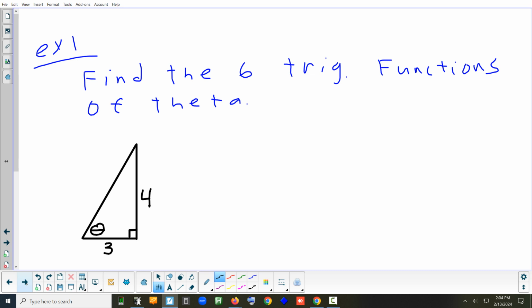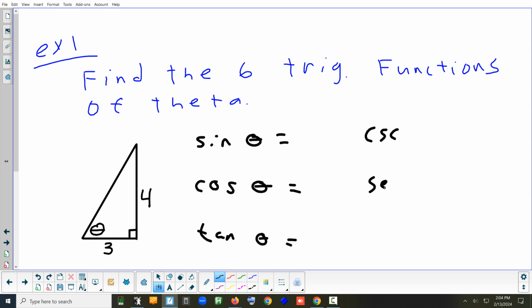I don't want you to tell me theta is 23.4 degrees. I'm looking for the sine of theta, the cosine, the tangent, cosecant, secant, cotangent. At no point in this problem are we going to be finding theta. We could, but that's not what we're doing. We're writing the six trig functions.